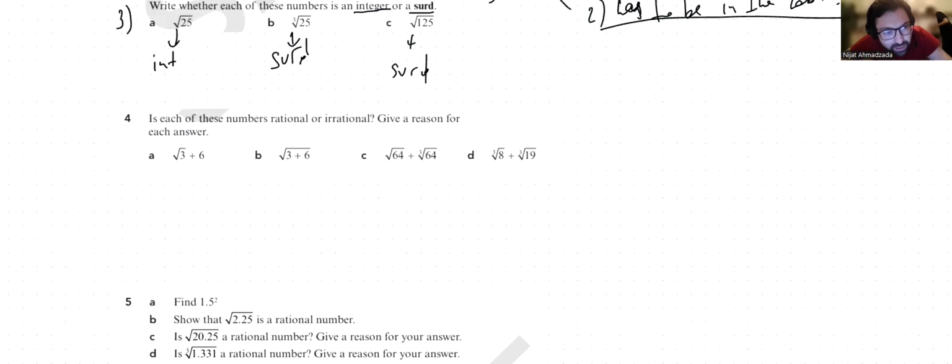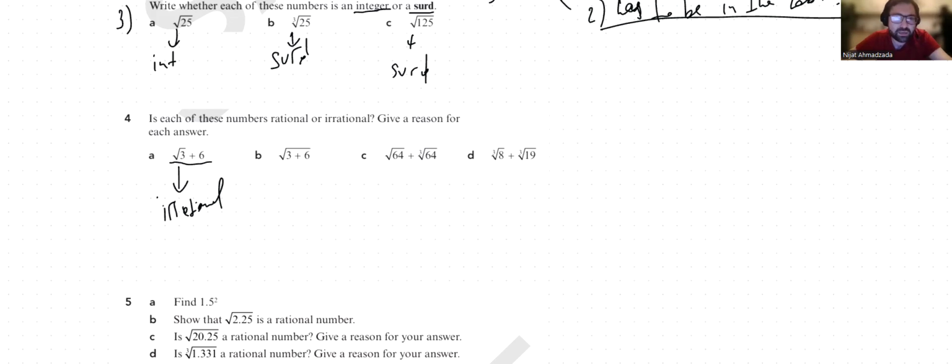Question 4 says, is each of these numbers rational or irrational? Give a reason for your answer. So, square root of 3 plus 6, irrational. What is the reason? You can think about that.